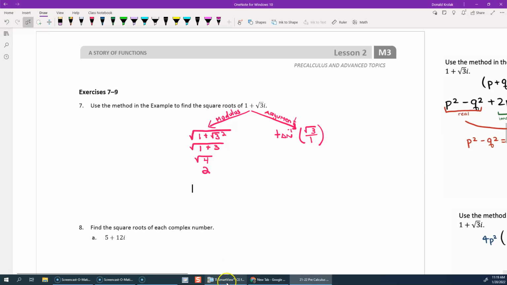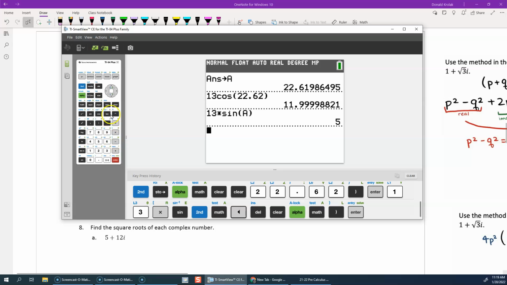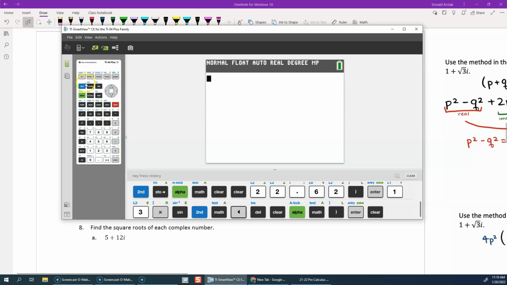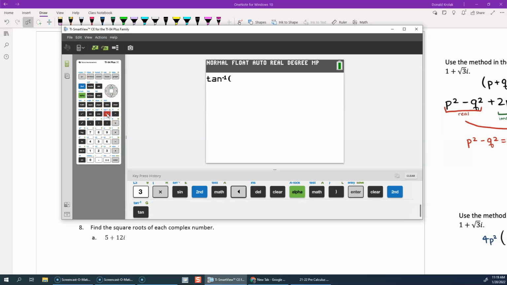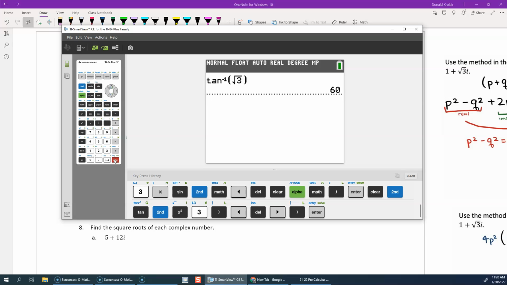Then when you put that guy in the calculator, arctan square root of 3 over 1. Okay, enter. 60 degrees.